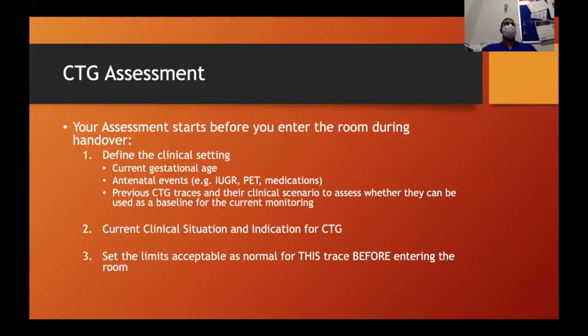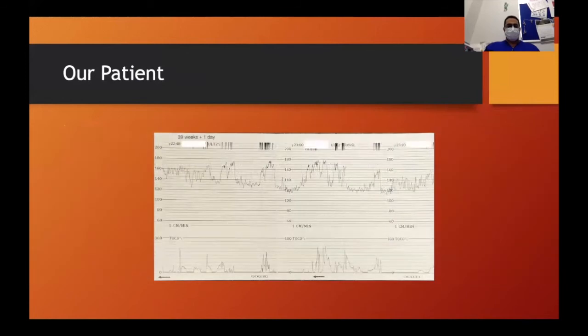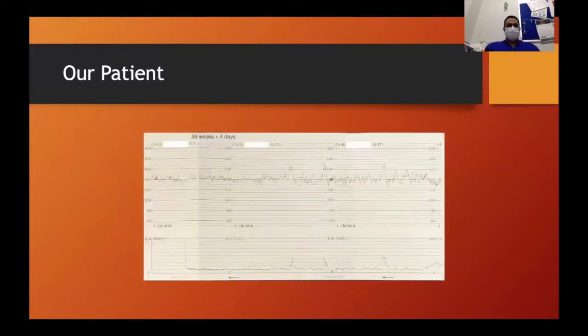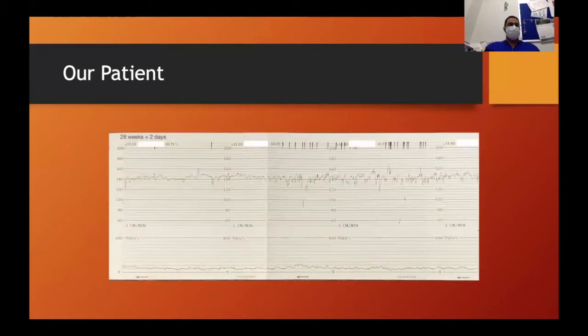So what do we think is normal for this baby? She's 40 plus 2. We've looked at her previous traces, and we can go back and look at them again. This is what it was at 39 plus 1, this is what it was at 38 plus 4, and 36 plus 6, and 28 weeks.